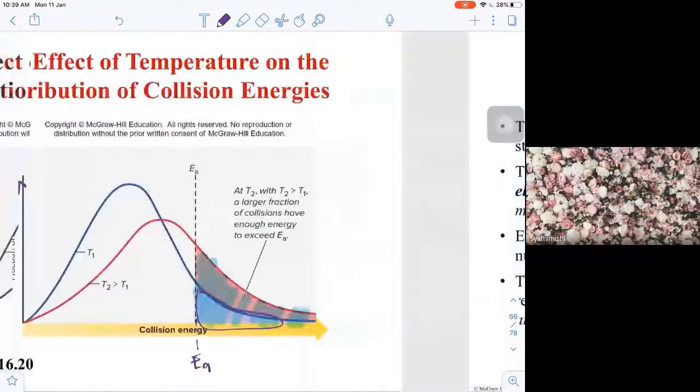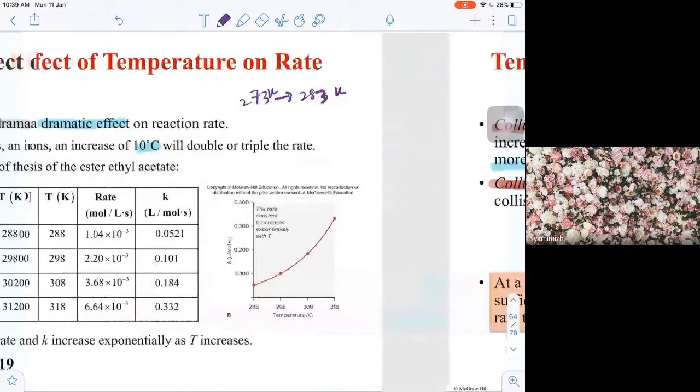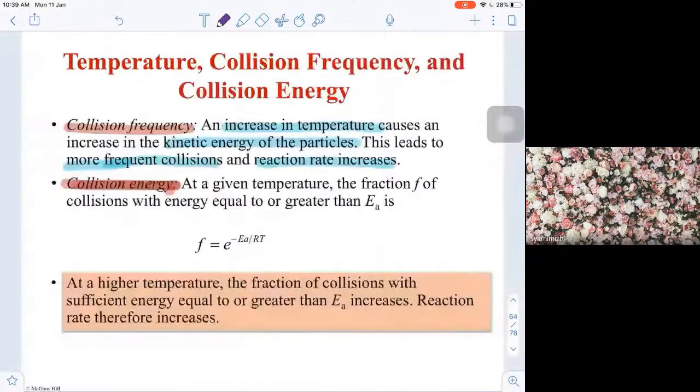You also need to be able to explain the temperature effect in terms of the Arrhenius equation. The Arrhenius equation is on page 725.